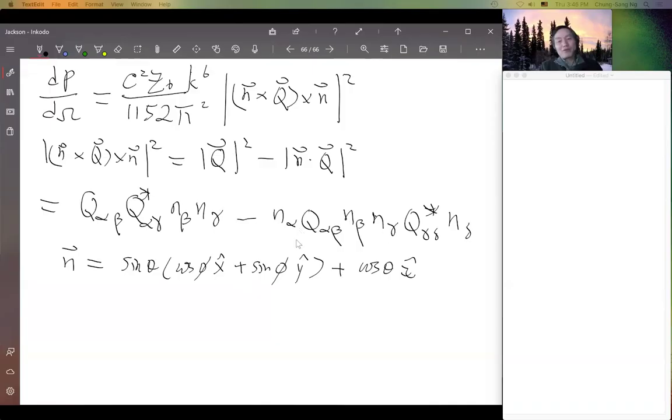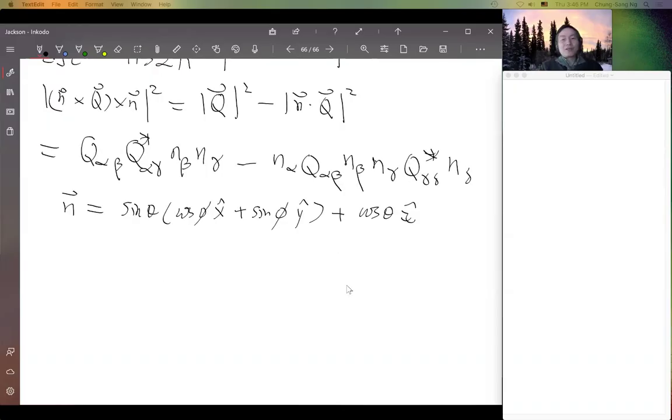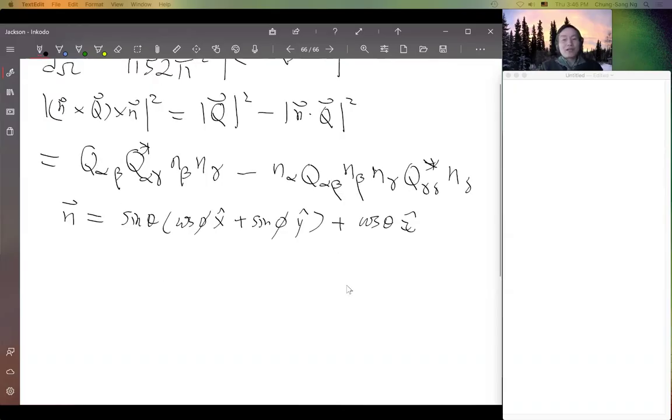Each one goes from 1 through 3, and 1 to 3 is just the XYZ component. So this is the first component, second component, third component. We just need to substitute all these into all these expressions and integrate over the solid angle. Okay, it looks difficult, but we'll see we can get some pattern to solve all this integral.